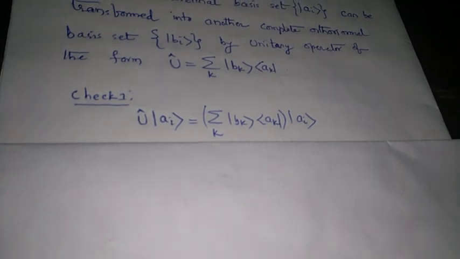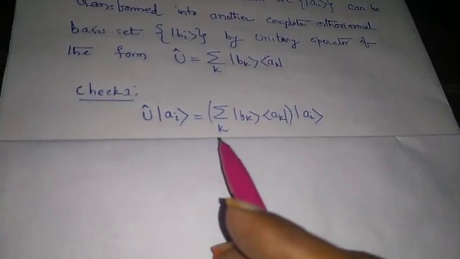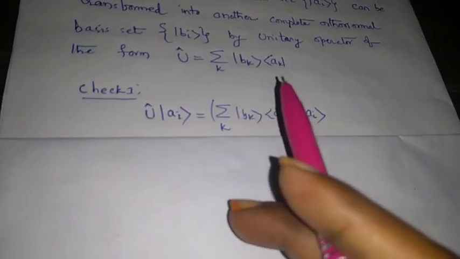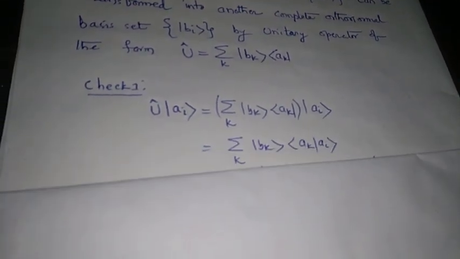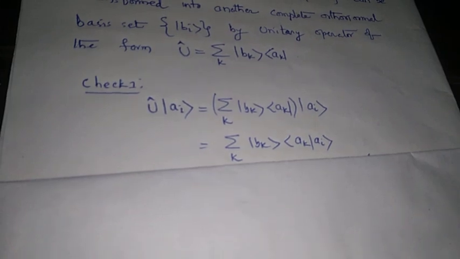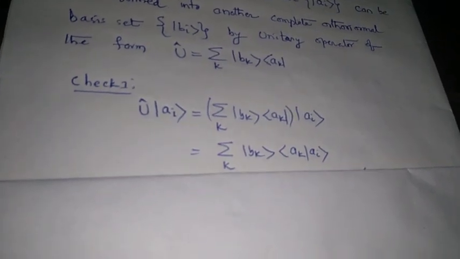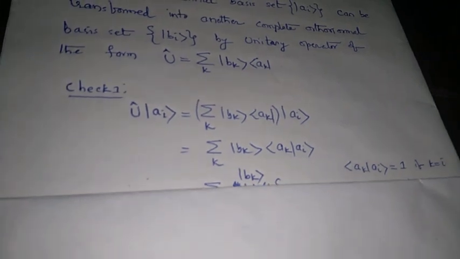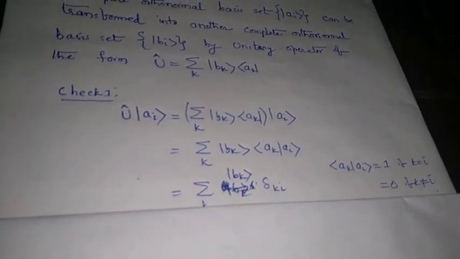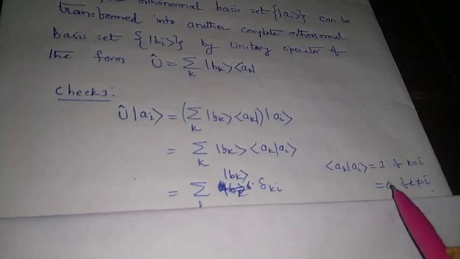So if U acts on ket a_i, we can write in place of U the summation that we had here. And then when we write these a_k and a_i together, we see that the scalar product is equal to 1 if k is equal to i, and it is equal to 0 if k is not equal to i.